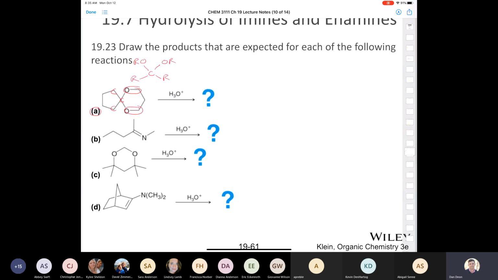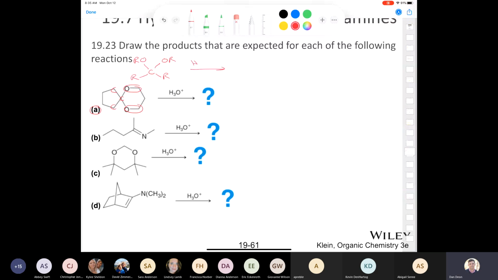What happened when we hydrolyzed an acetal? If you hydrolyze an acetal, in this case you'd end up forming a ketone plus 2 equivalents of the alcohol. And thus, we're going to do the exact same thing in this reaction. Let me erase some of the spinach that I've got on here.